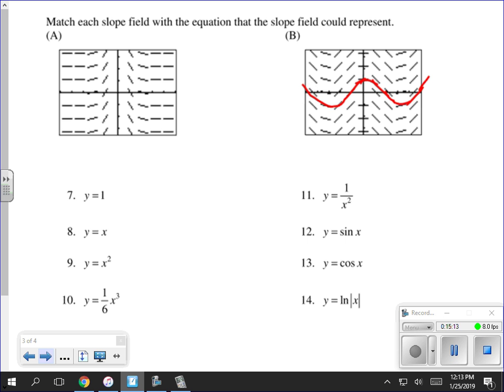This one would be cosine because it doesn't cross diagonally here. It doesn't come through diagonally. It'd have to go through like that to be the original one to be a sine function. Does that make sense? This one's a little more complicated. But I got a really good idea which one.